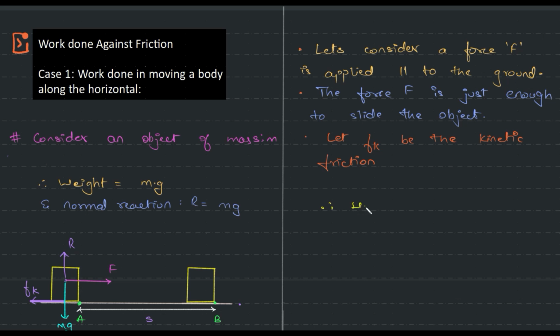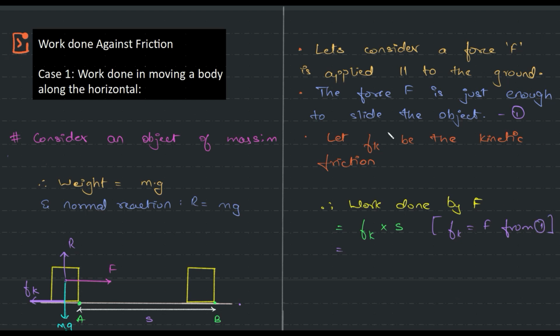Therefore, the work done by the force F will be equal to force into displacement, and in this case, force is equal to Fk. This is from statement 1. Fk is equal to F, because of statement 1.